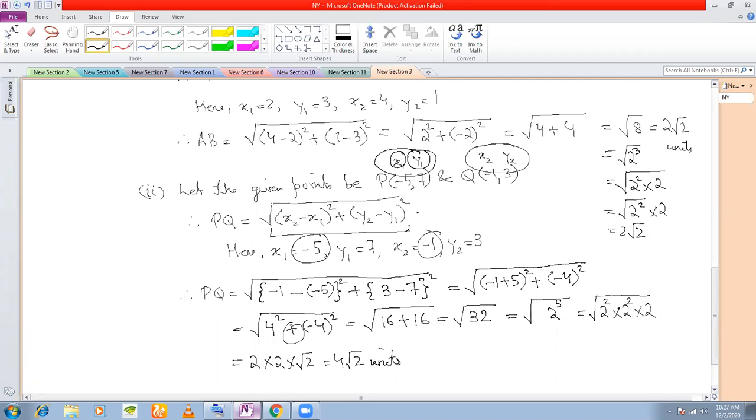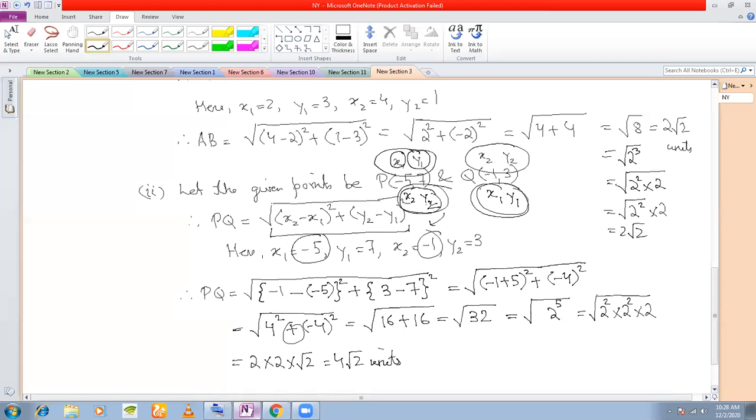Be very careful with which coordinates you are taking as x1 y1 and which coordinate you are taking as x2 y2. You are free to take anyone. In fact, I have taken this as x2 y2. You can take this one as your x1 y1 also, and you can take this as your x2 y2 also. But be careful with the order. Not that you have taken this as x1 y1 and this as x2 y2, but in the formula you are considering this as your x1 y1 and this as your x2 y2.